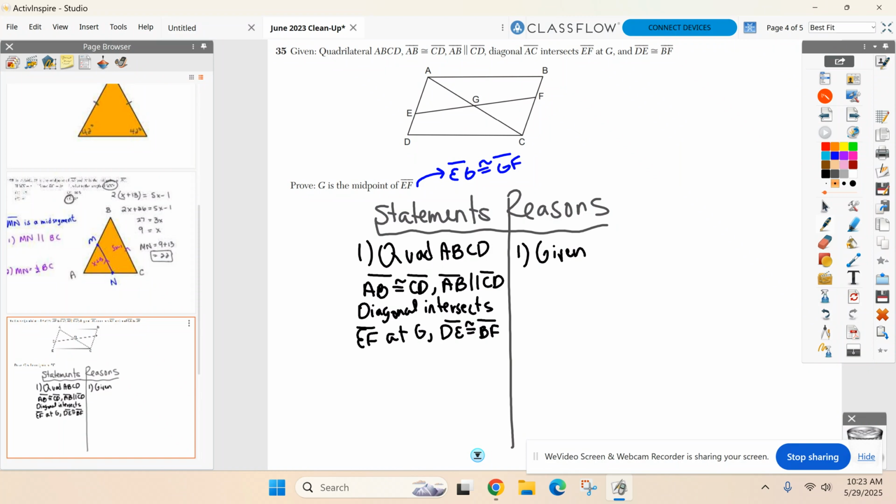It's been the same story all year long. Those segments aren't going to be congruent unless the triangles they contain are congruent. And I believe there's only one pair of triangles that contain them. Everyone see them? Get me EGA congruent to GFC.